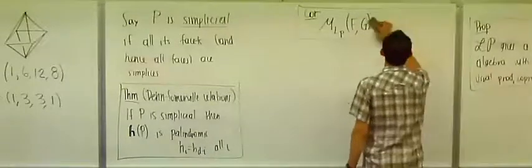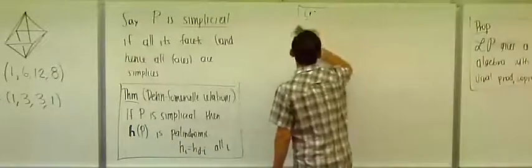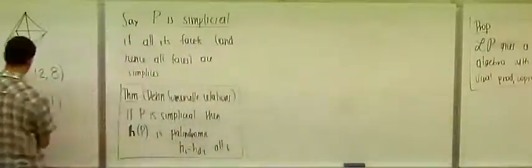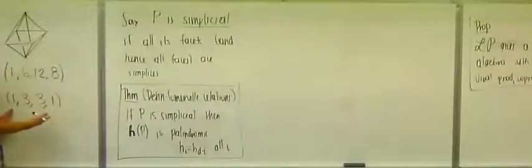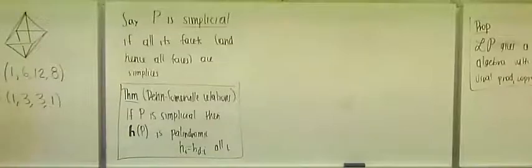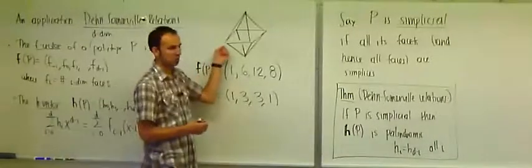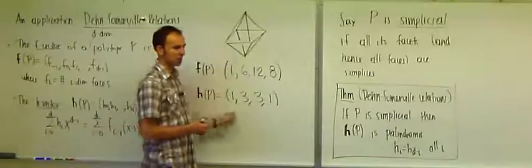No, so the question, Lisa's question, is: okay, I recognize this. This is just the third row of Pascal's triangle. Does it always happen? And the answer is no. But you might think about what polytope you can put here so that you get the nth row of Pascal's triangle.